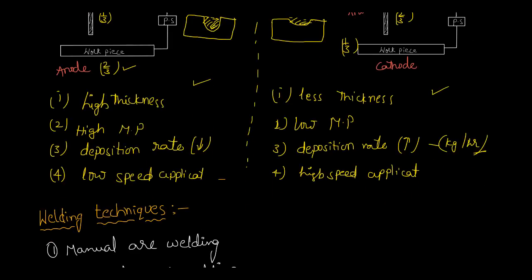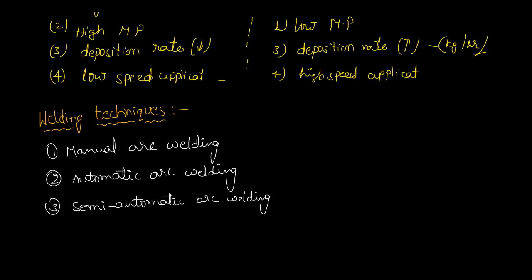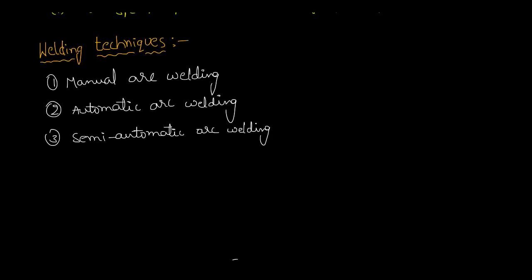Now come to the welding techniques that we have. So these are the three welding techniques: manual arc welding, automatic arc welding, and semi-automatic arc welding. We can observe two motions of welding.